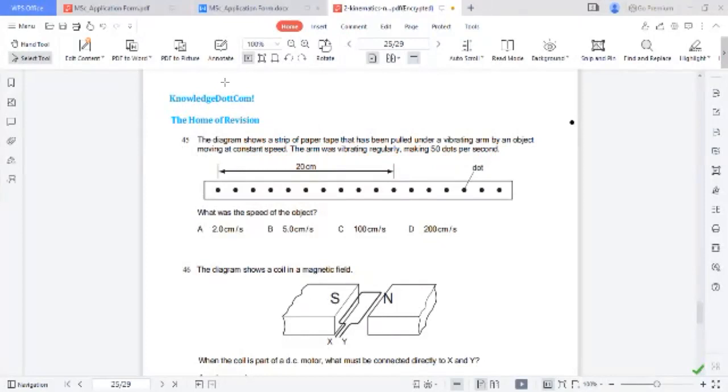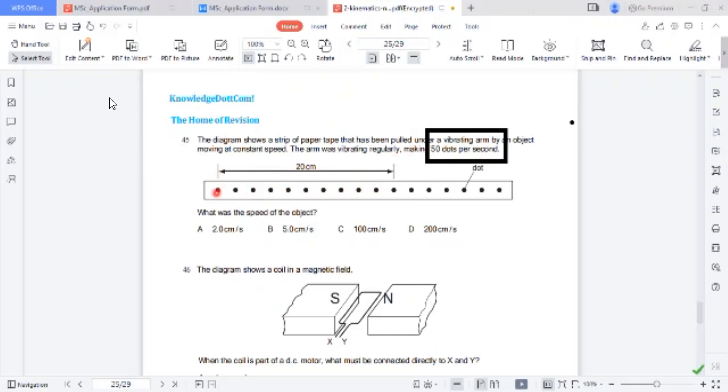We have little information about the length of two dots. It says from here to here it is 20 centimeters. So let's count the number of dots in 20 centimeters. Then we can convert these 50 dots in terms of length.